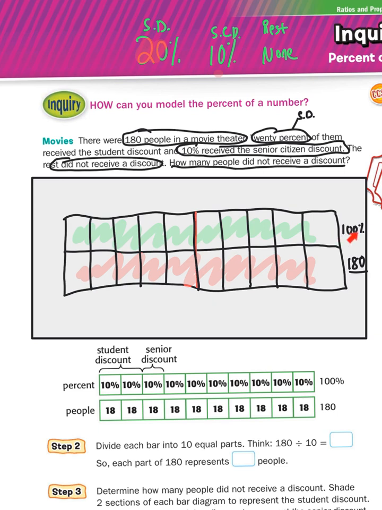Now think, splitting into pieces means division. So if I split or divide 100 into 10 pieces, each piece is worth 10%. So this is 10%, and I'm going to write that in there. I guess you don't have to write them in each one, but I think it helps.